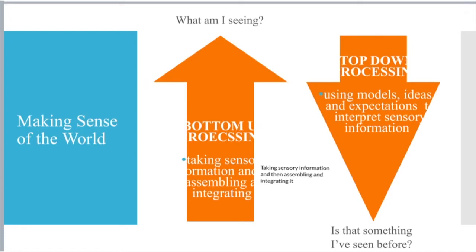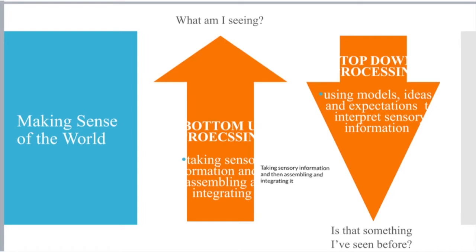Whereas top-down processing is when we fit experiences or things into schemas, those big grouping characteristics of what we already know, and we fit that information into a pre-existing understanding, right? We're using models, ideas, and expectations to interpret that sensory information.